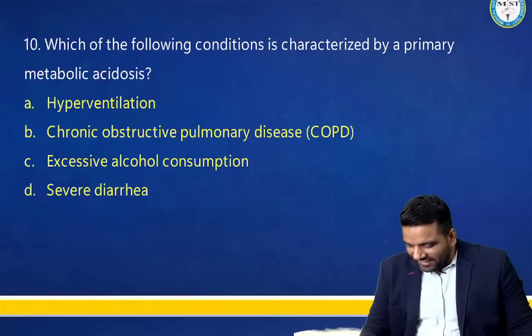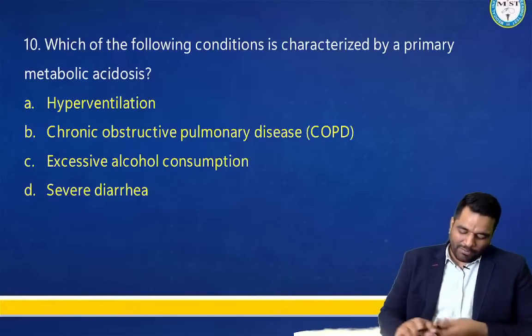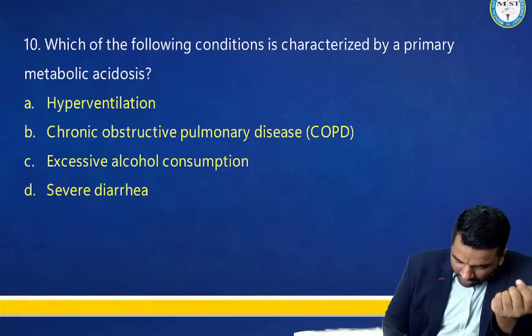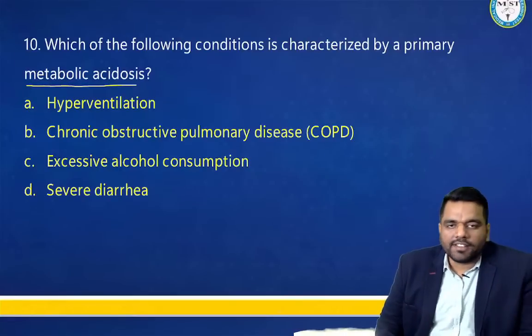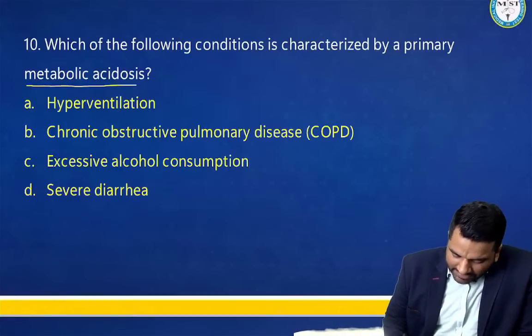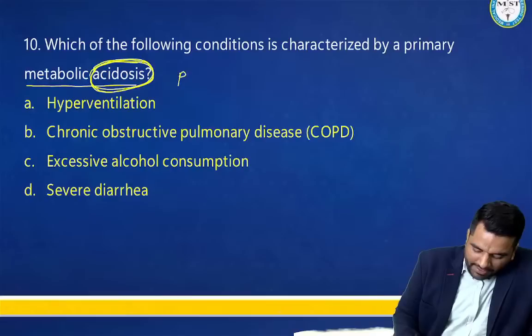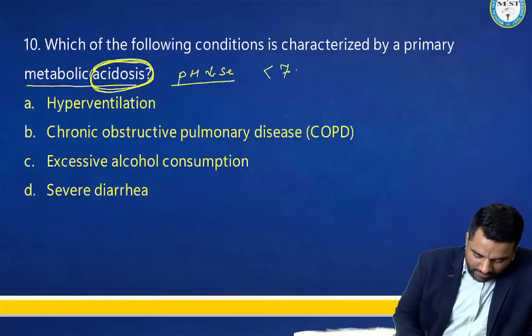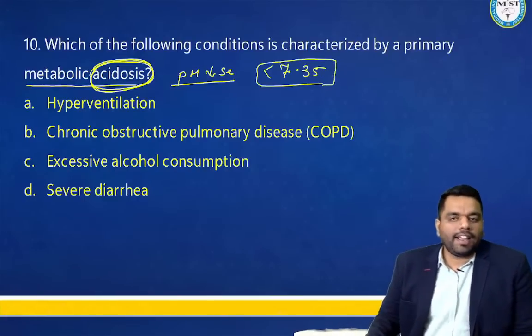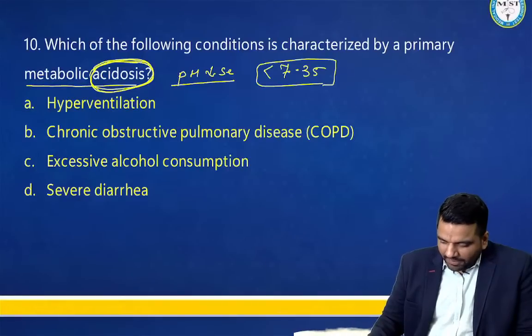Again, some of you are saying it is A, some D, then C and B. Here it is asking about metabolic acidosis, meaning the pH inside the body decreases, that is, less than 7.35, then it will become acidic.